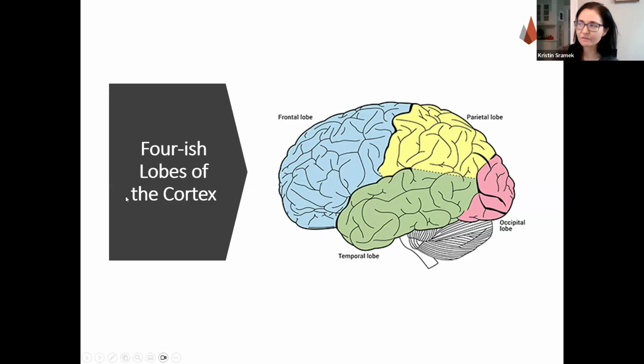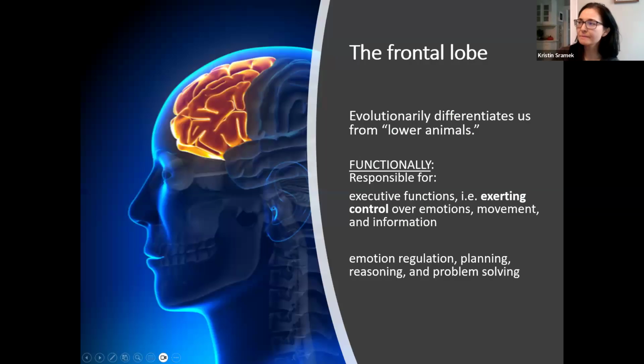And we've already gone over this a little bit in class, so you should remember some of these things. In terms of the frontal lobe, this is really what makes us quite different from lower creatures. Because the frontal lobe is so responsible for things that we consider to be higher order thinking or doing, things that we exert a lot of control over that perhaps animals might not be able to exert as much control over.